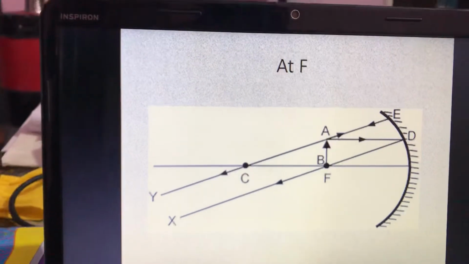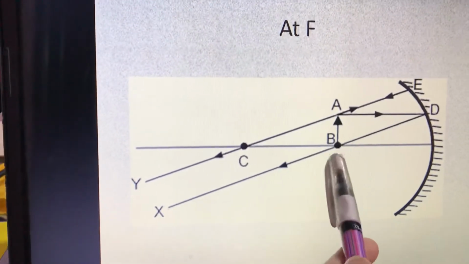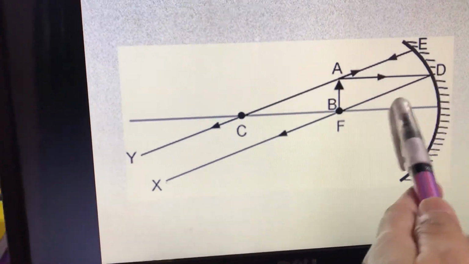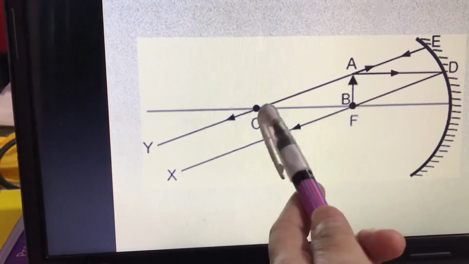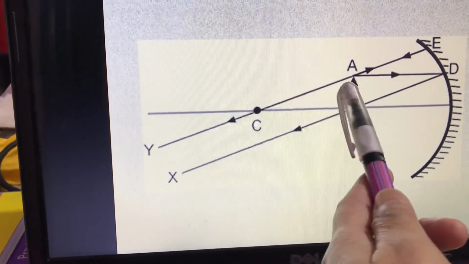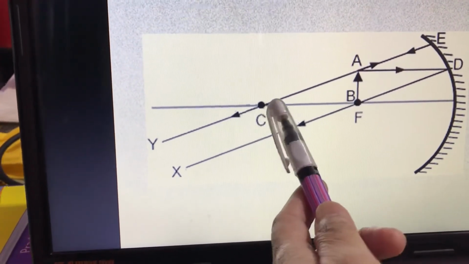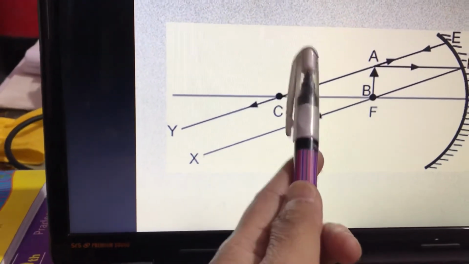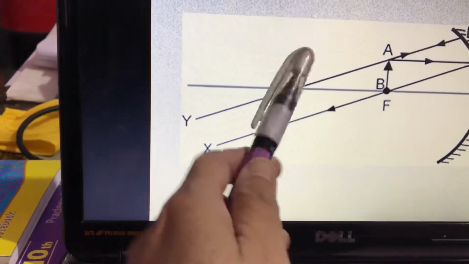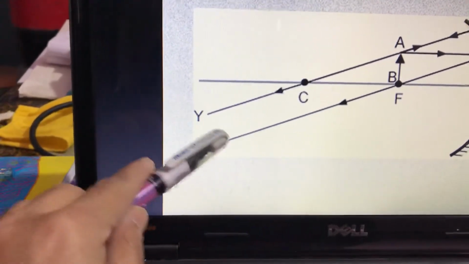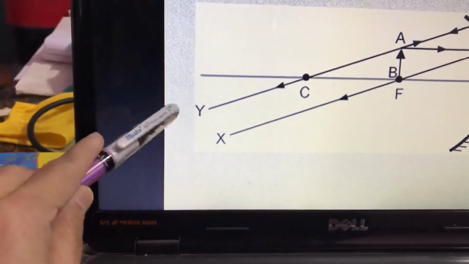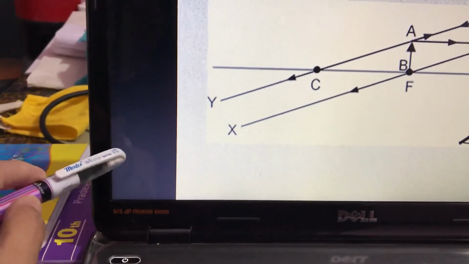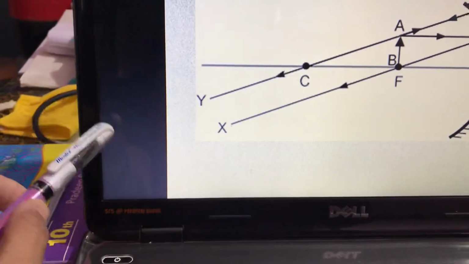Next, at F. Now if the object is placed at F, you take these two rays, one parallel to the principal axis passing through the focus, then this ray which is passing through C. After reflection also it is passing through C. The reflected rays will be parallel, and when they are extended in this direction, they will meet at infinity on this side.